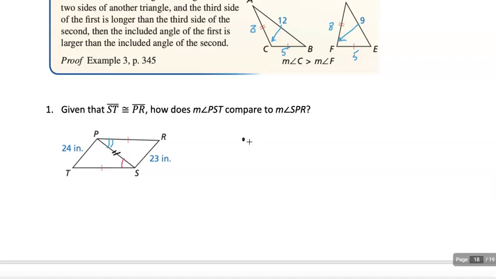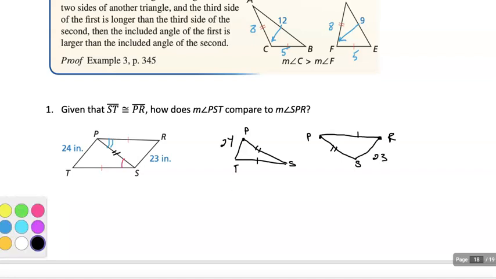If I separate this, I've got triangle PST here, with a side of 24 inches, and if I look at the other one, I've got PS and this time R, so there are my two congruent sides, and then I've got this side here, which is 23.